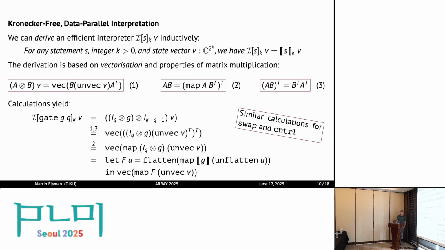We can calculate what it means to perform a gate operation. We basically start by using the semantics up here, and then we unroll, and we get this code down here where we say that this is equivalent to taking the vectorization.